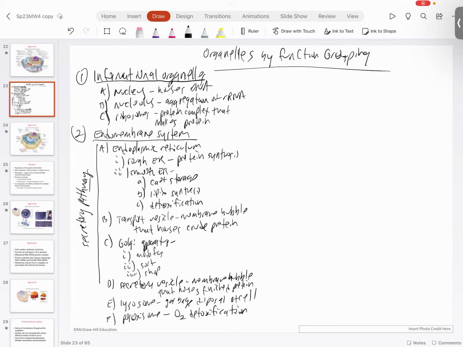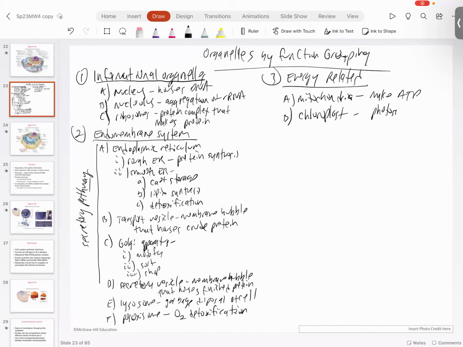Now, the third major functional group is the energy-related organelles. And there's 2 major ones of these. There's the mitochondria, and its job is to make ATP. And then you have the chloroplast, which does photosynthesis.